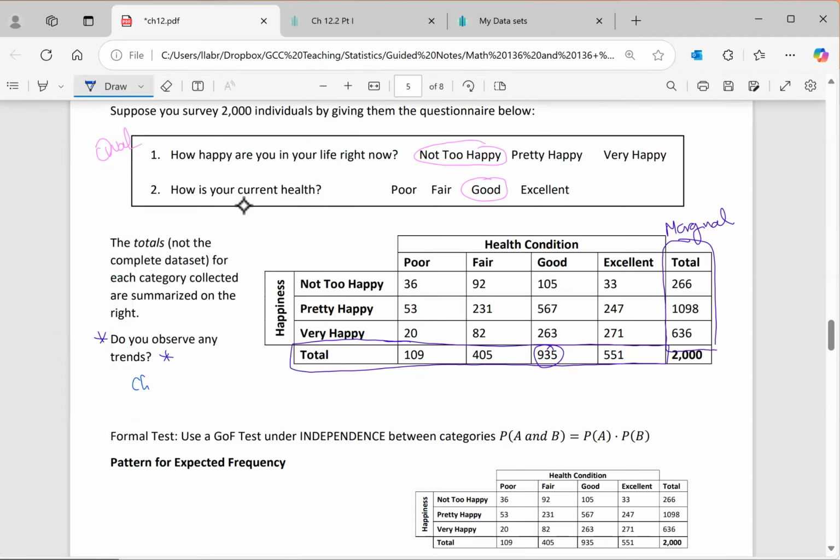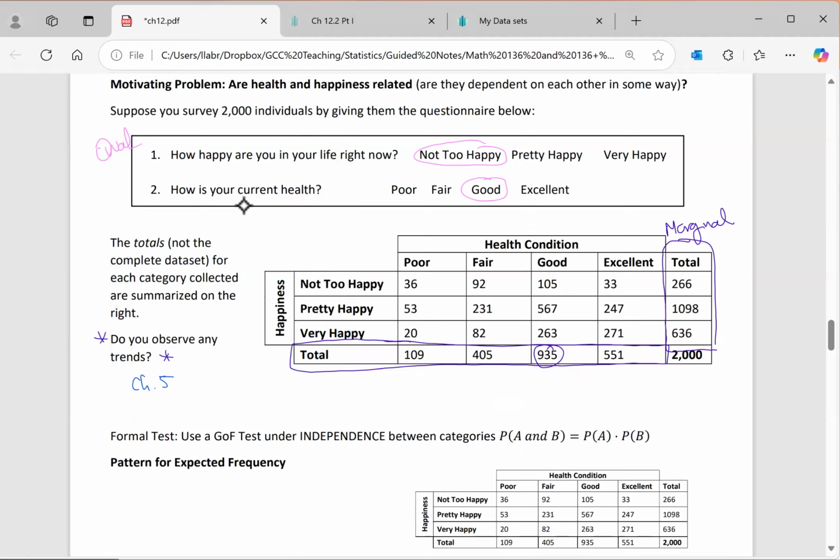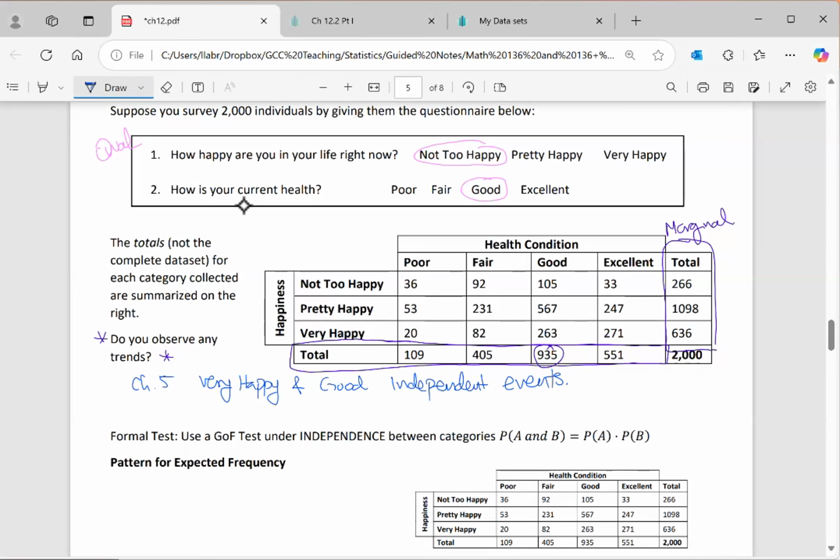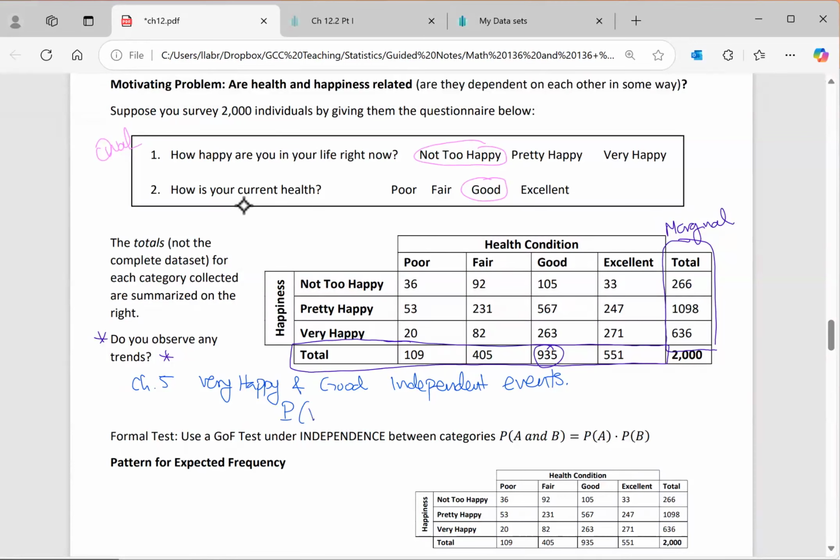Well, in the probability chapter, I answered questions like, are very happy and good independent events? And if you remember how we did this, we essentially said you find the probability of somebody just being very happy.